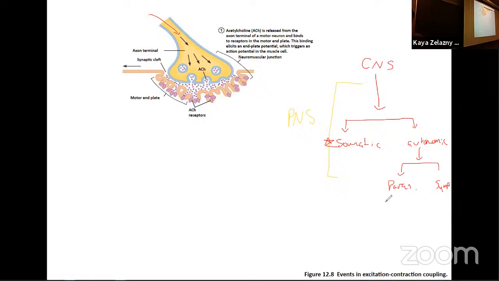Both of them innervate the same effector organs because we have this dual innervation concept. So our effector organs are going to be cardiac muscle, smooth muscle, and glands.